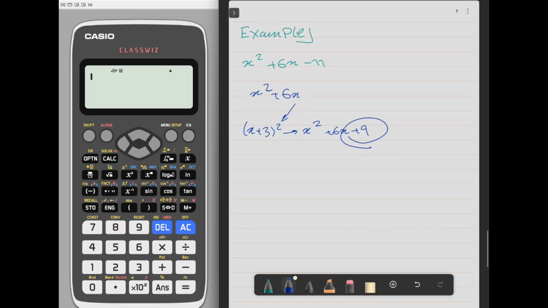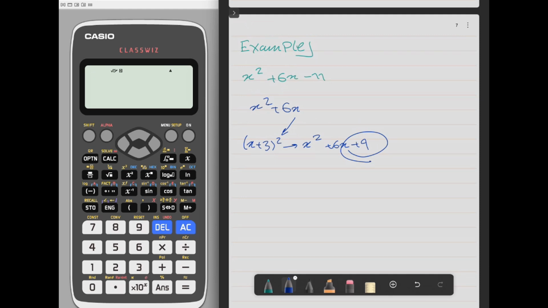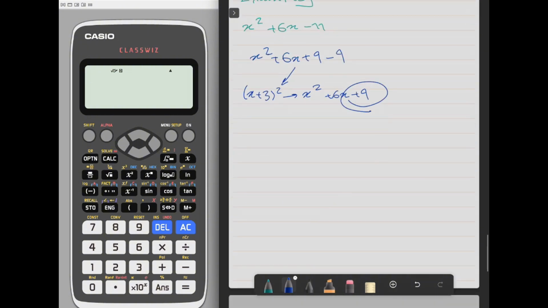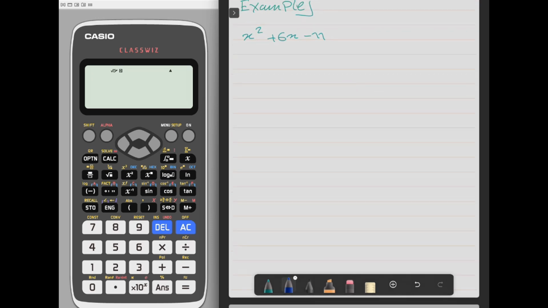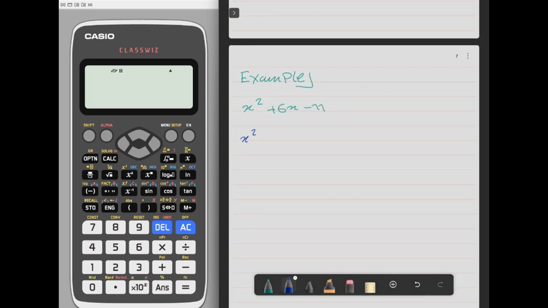No worries, you can give the expression the plus 9 that it needs. But doesn't it change the value? It does, but not as long as you put another minus 9 here. So you will have x squared plus 6x plus 9 minus 9 minus 11.